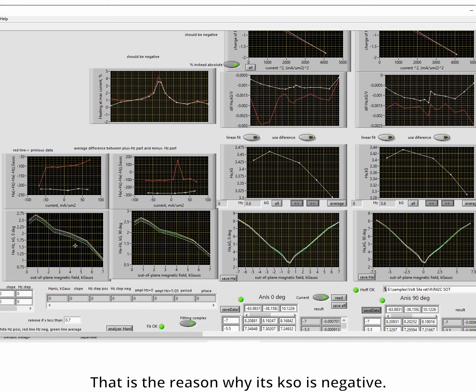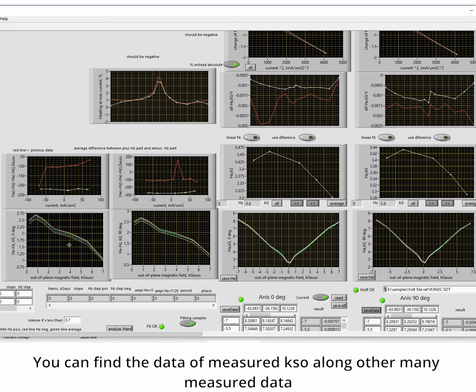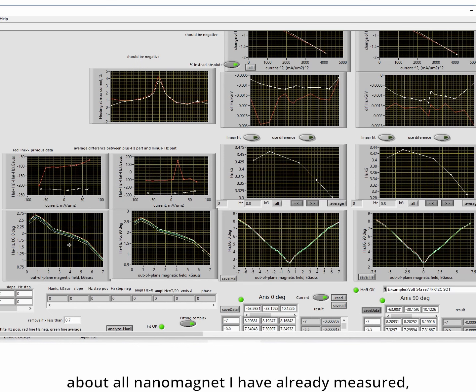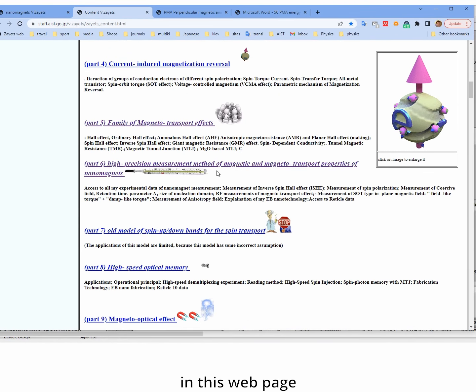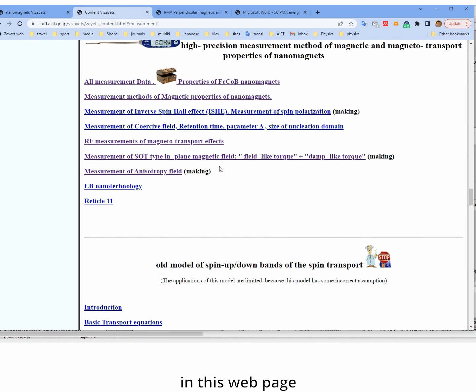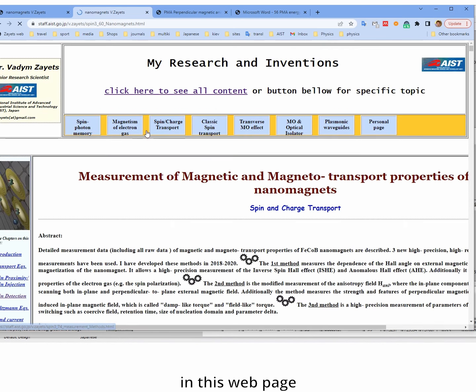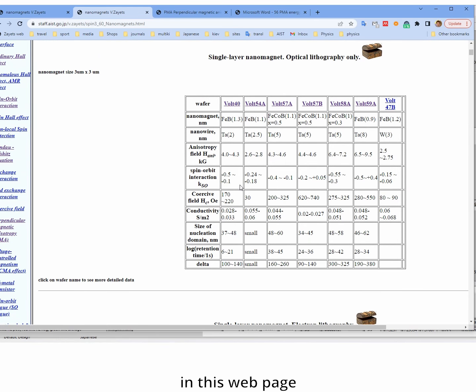Slope is negative. You can find the data of the measured coefficient of spin-orbit interaction along with many other measured data about all nanomagnets I have already measured on this web page. Just go here, all measured data, and slightly down.